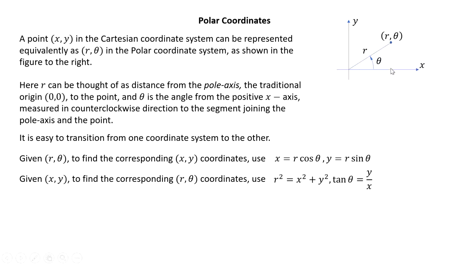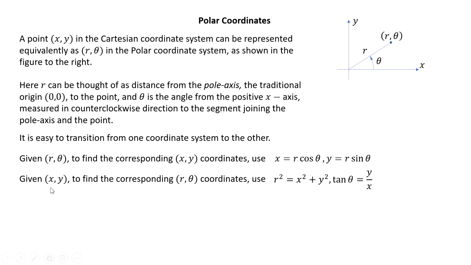If I drop a perpendicular, we have a right triangle, and from trigonometry, y over r is sine theta, so y equals r sine theta. Similarly, x over r is cosine theta, so x equals r cosine theta. That's where it came from.